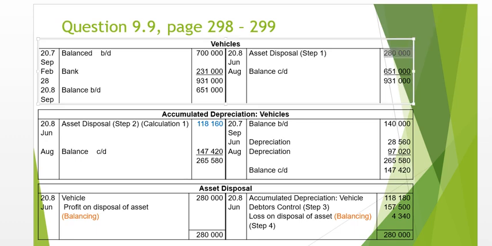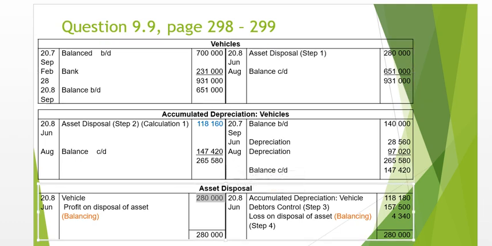So we're going to credit 280,000 Rand on the 1st of June 2008, and that needs to go to our asset disposal account. In our asset disposal account, we will then credit 280,000 Rand on the 1st of June 2008, and that relates to vehicles.